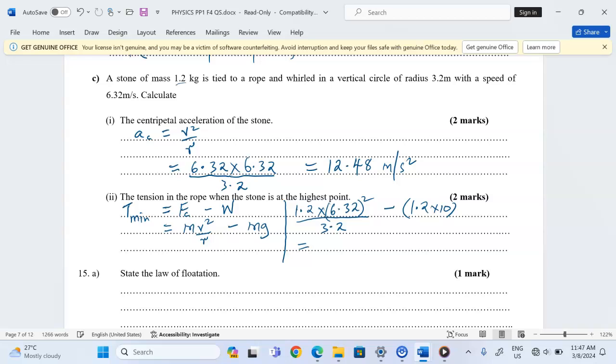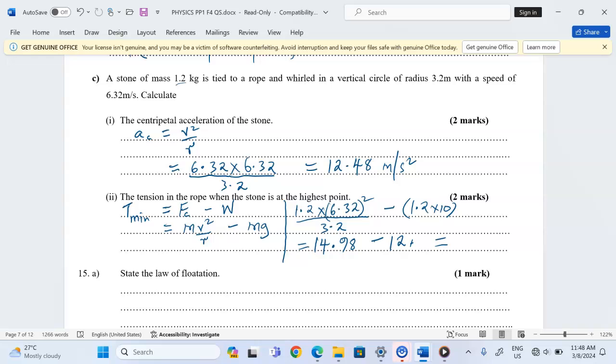Therefore, we're going to have the centripetal force becoming 14.98 newtons minus 12 newtons.